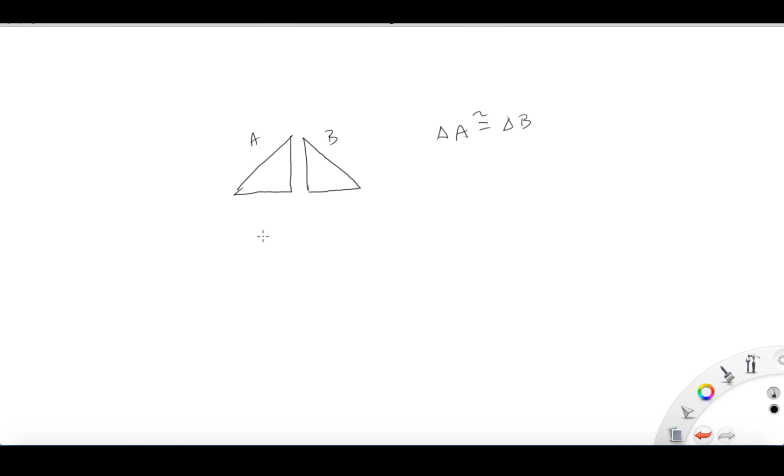If I did A like this again, call this A, and I did this as B, triangle A is not equal or congruent to triangle B. It's similar. And the reason it's similar is because it has similar features.